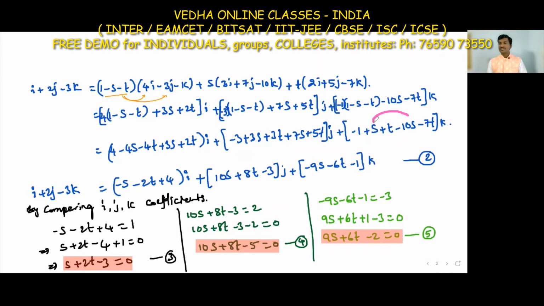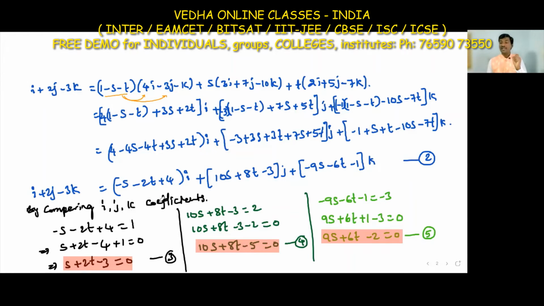Next, the k terms: s minus 10s is minus 9s, t minus 7t is minus 6t, and minus 1 as it is, into k. I am taking this as equation number 2.